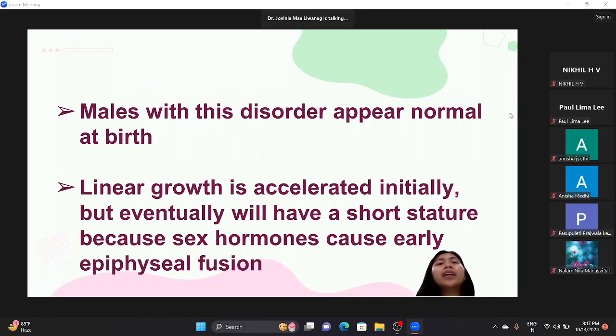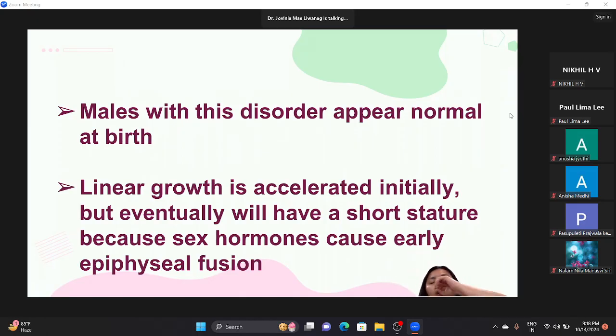Linear growth is accelerated initially, but eventually they will have short stature, because sex hormones cause early epiphyseal fusion. Why do they have short stature? Because of the hyperfunctioning of the sex hormone, it will lead to the fusion. What's epiphyseal?